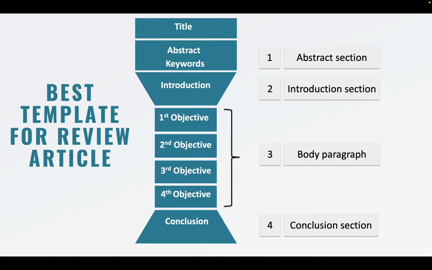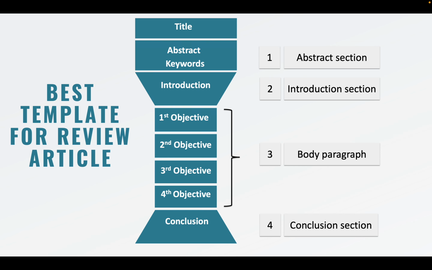Firstly, the review article in general contains only 4 main sections. The first one, abstract section and introduction section, then body paragraph, which is the most important one, then conclusion section. For any topic, for any title, you have to write down these 4 sections: abstract, introduction, body paragraph, and conclusion sections.